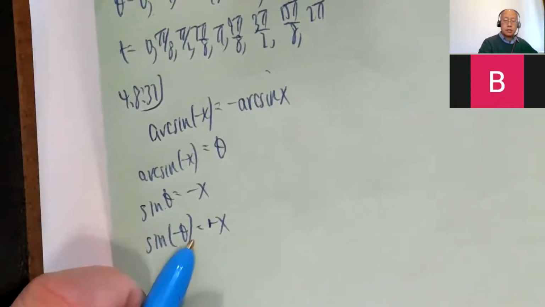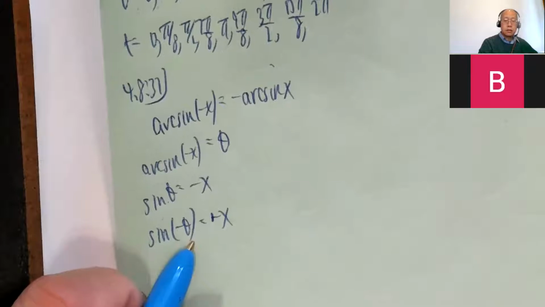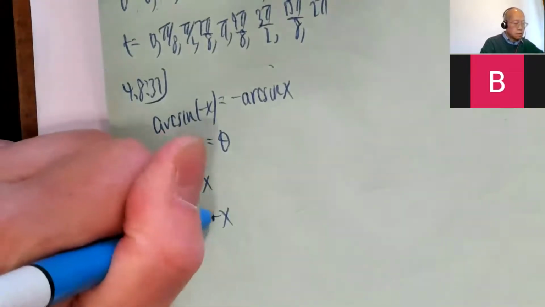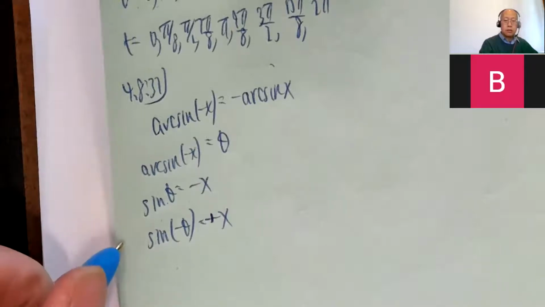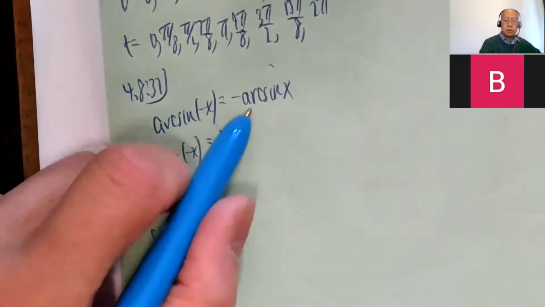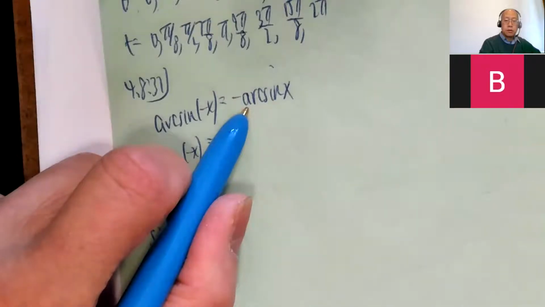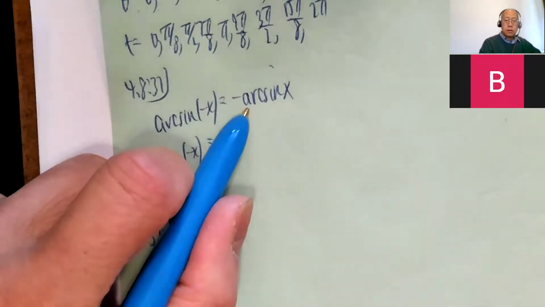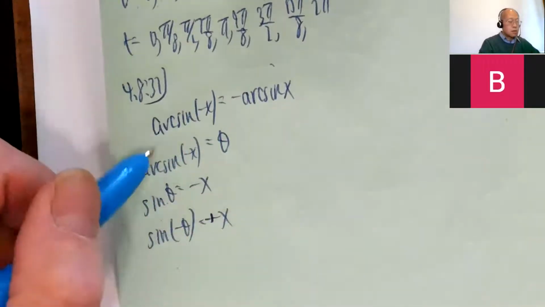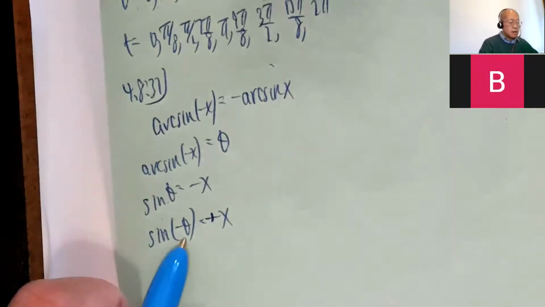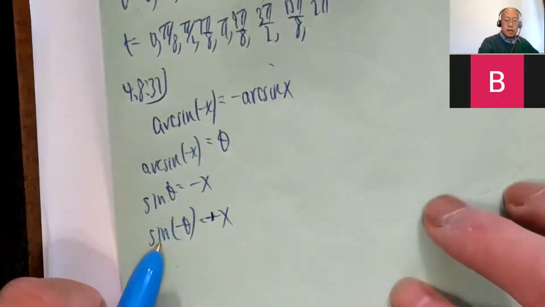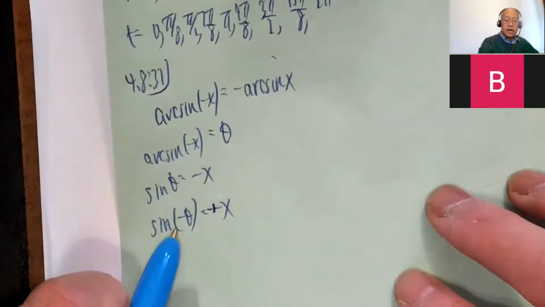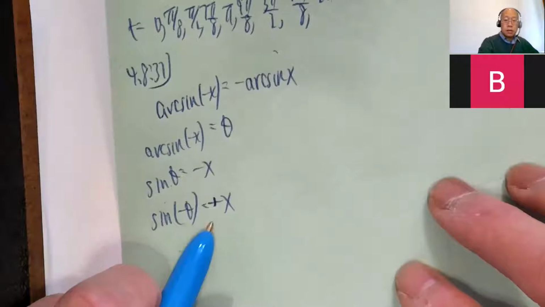Somebody had a question? Oh, I guess what I was getting confused about is negative arc sine of x equaling sine of negative theta. The sine of negative theta is x.